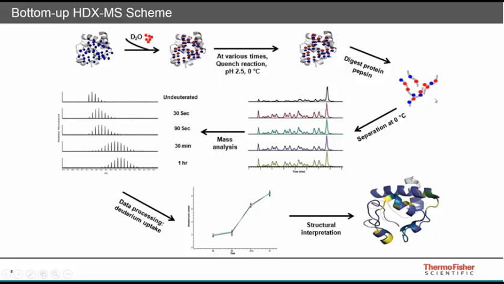The resulting peptides are then separated using chromatography and detected with mass spec, and the obtained isotope patterns indicate the degree of deuterium uptake when we review the different time points. The change of the isotope pattern is based on the different mass of a deuterium atom compared to a hydrogen atom.